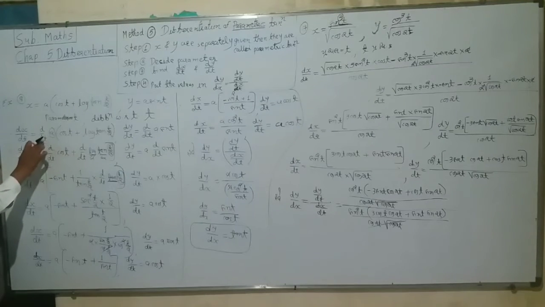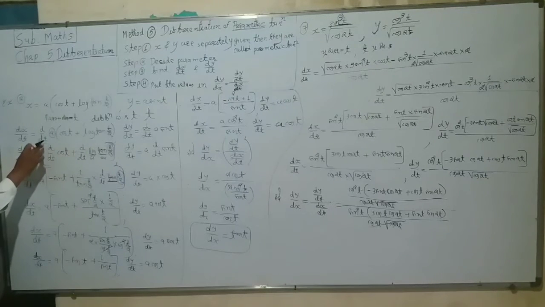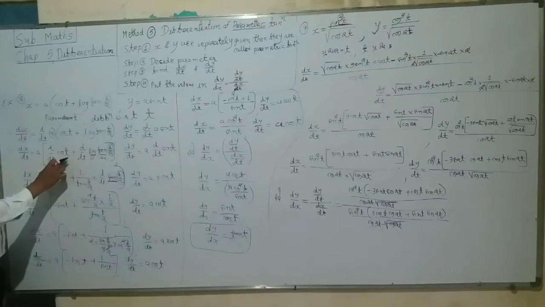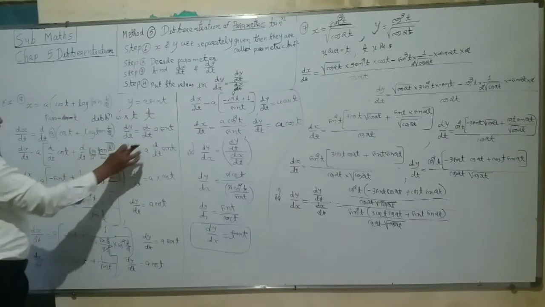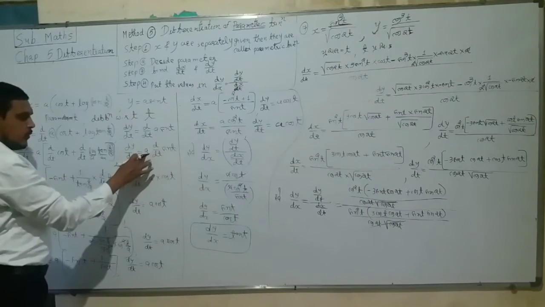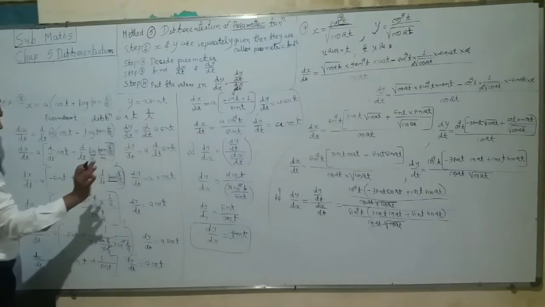If there is a constant behind differentiation, then we can take it outside. According to the working rules, we can give d by dt to both the terms: d by dt cos t plus d by dt log tan t by 2. Here a is constant, so take a outside d by dt. Then we get a d by dt sin t.